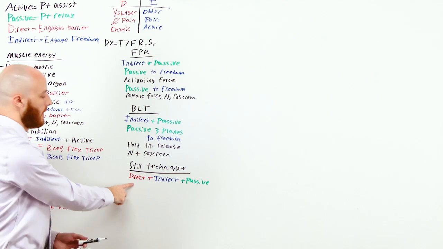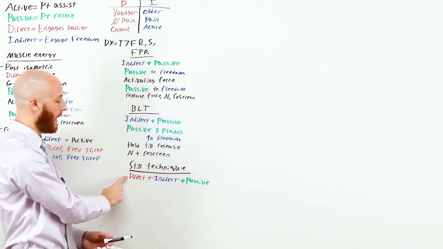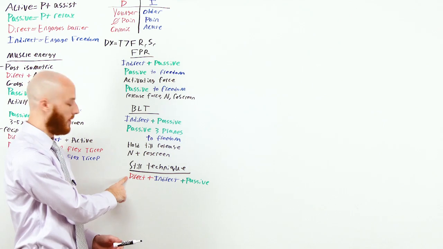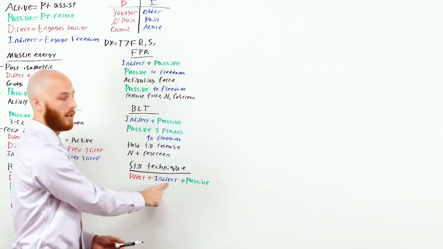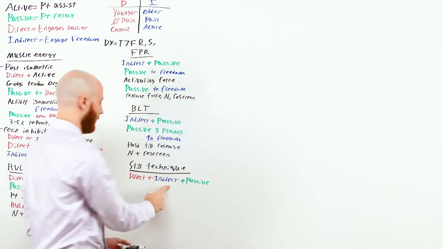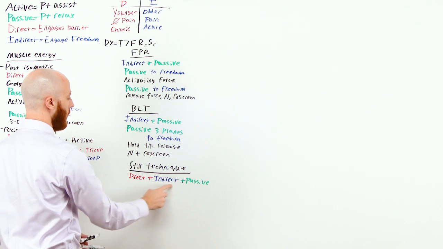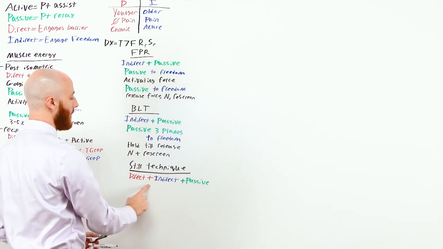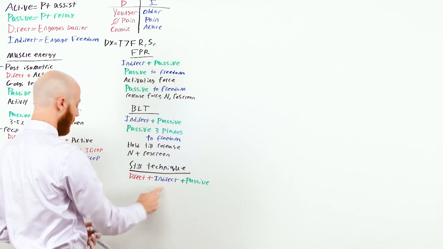So during this treatment, you're going to engage both the direct barrier, or what they cannot do, and the indirect barrier, or the freedom, what they can do, what the diagnosis is. So the first step of the treatment is going to be to passively move the patient into the freedom.